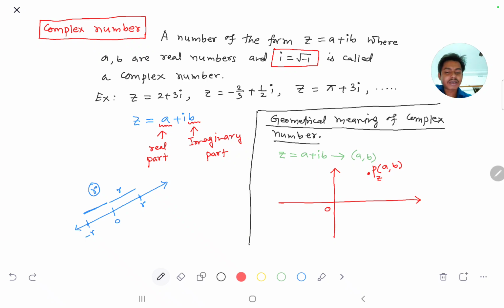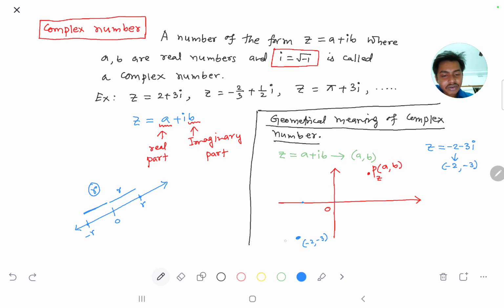For example, if you take z equals -2 -3i, then you can identify this with the point (-2, -3). So -2 means you move this side and then downward 3 units. So here you get the point (-2, -3).